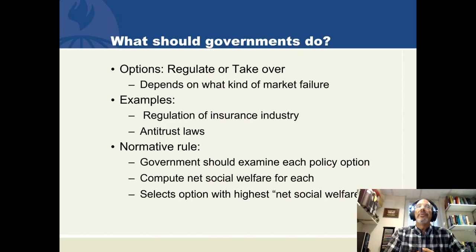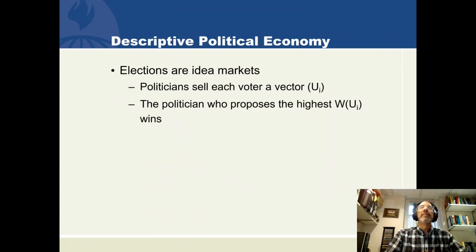Now, how do we integrate this idea of maximizing social welfare with the idea of liberal democracies that people should vote every 4 years? Well, economists believe that elections are idea markets.